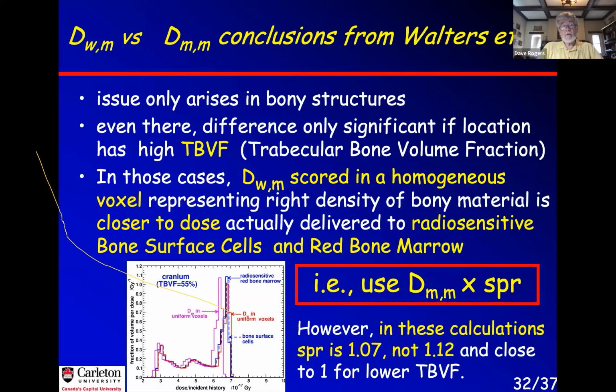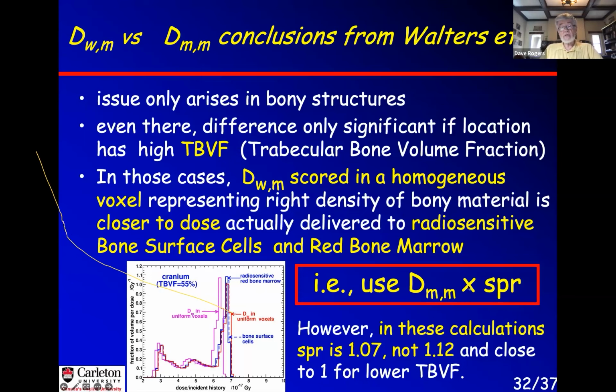Okay, so the conclusions, as I've more or less said, are that the issue only arises in bony structures. And even there, the difference is only significant if it has a high trabecular bone volume fraction. And in this case, the dose to water in medium scored in a homogeneous voxel representing the right density of bony material is close to the actual dose to the sensitive volumes.